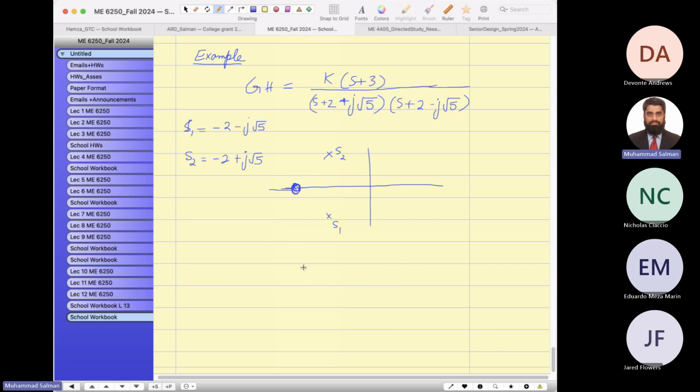You see I drew the circle. Circles are for the zeros representation, and the crosses are for the poles representation.